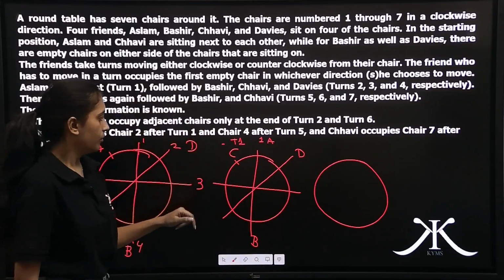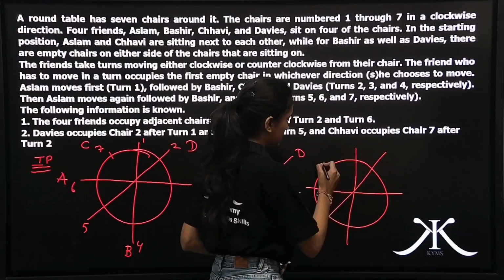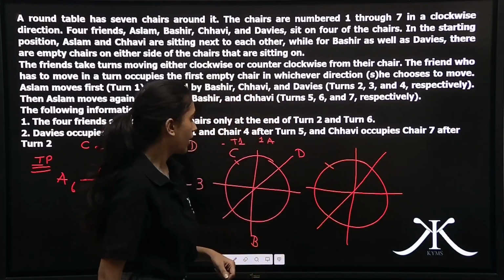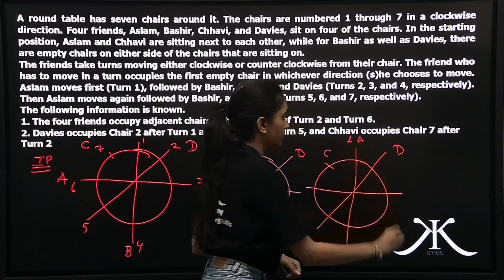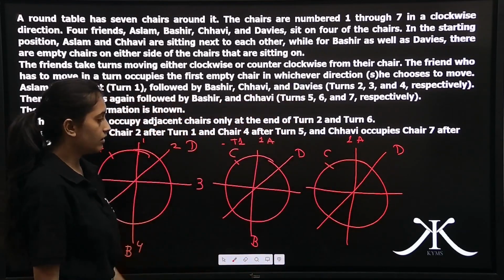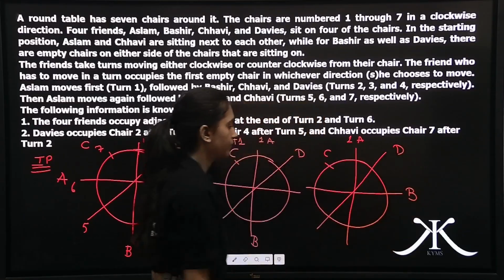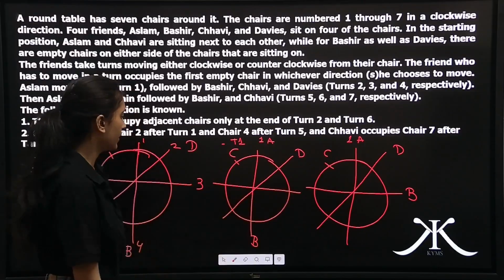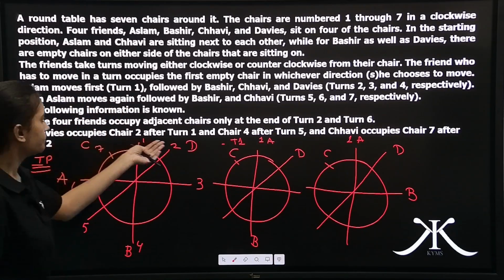Now, B takes its turn. Okay. And A is here, D is here, C is here. Okay. And B is here. So, B will move this side after turn 2. Okay. Now, 2 turns are over.